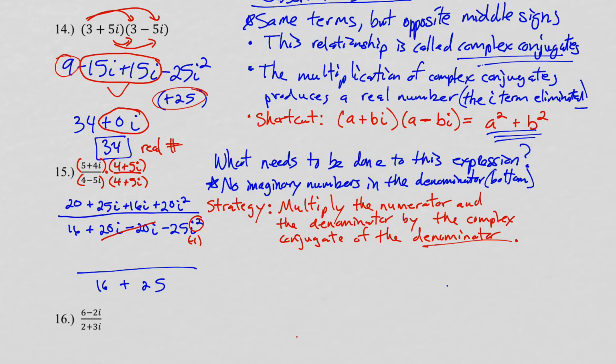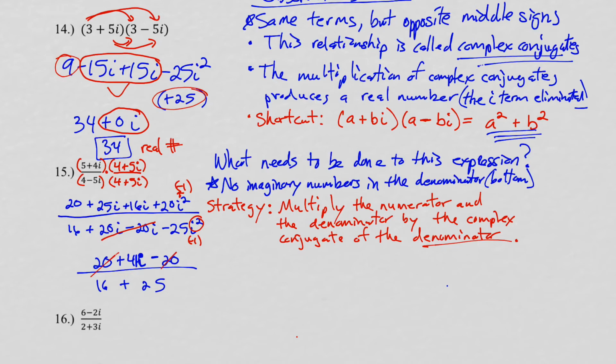So for the top, we know that this i squared is -1 also. So that's a -20. So the 20s cancel out. Well, let me just write it. 41i minus 20.